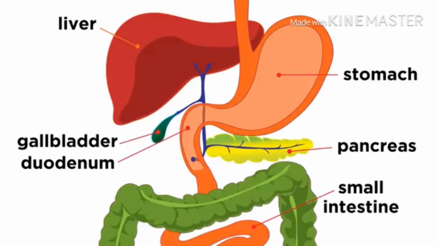At this point, we should mention three more accessory organs which are associated with the small intestine. These are the liver, gallbladder, and pancreas.